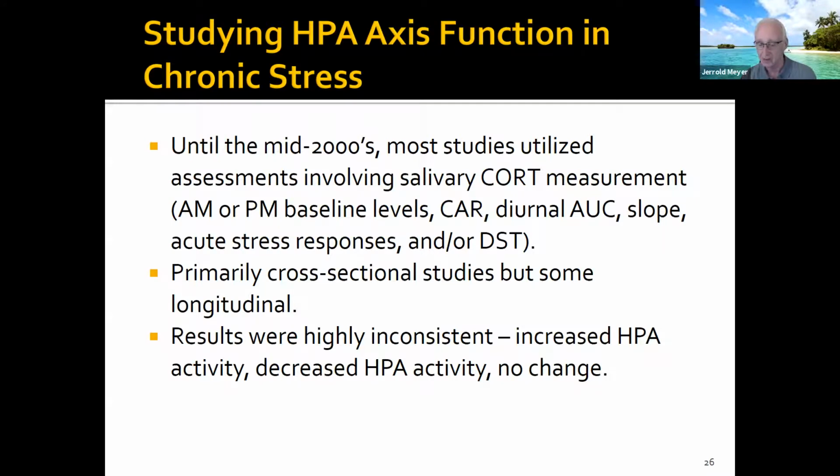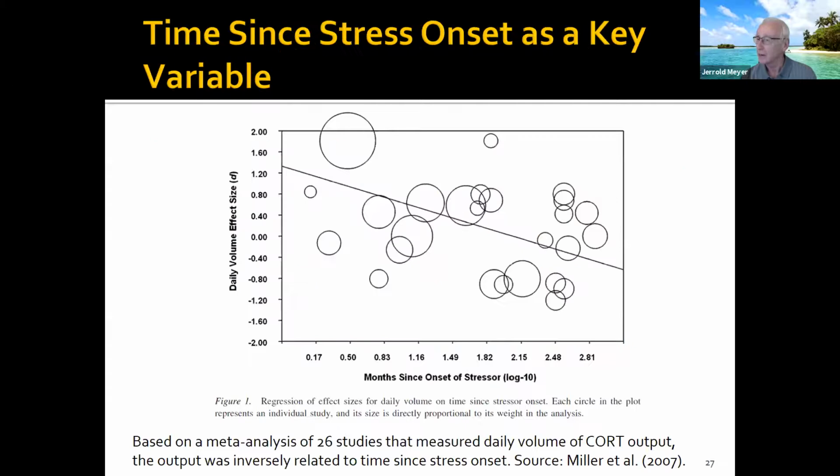Well, we haven't totally solved the problem, but this is a very instructive paper. If you aren't aware of this paper, I strongly recommend that you read it. It is in my source files, by Miller and other authors. And as you can see, this was a meta-analysis of 26 studies that used various measures of daily output.